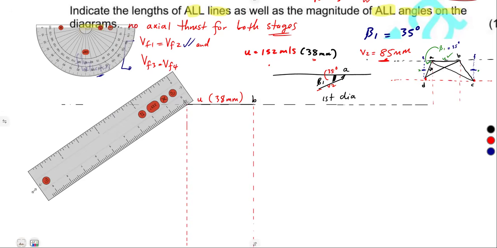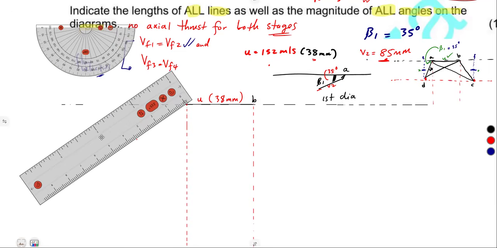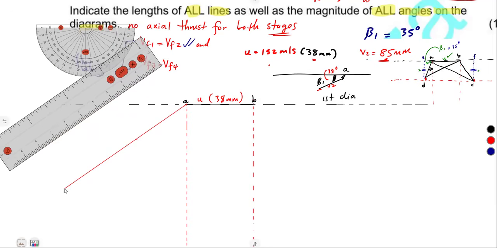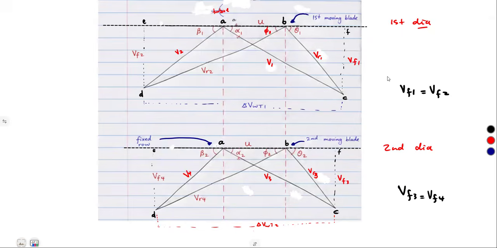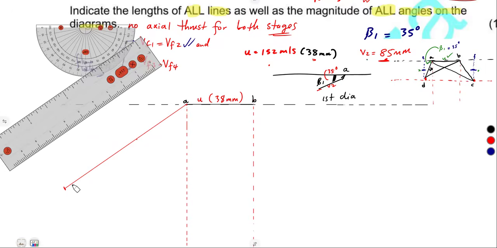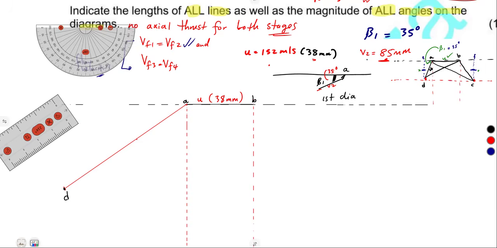So measure 85 millimeters somewhere here. That is A to D. Remember, V2 lies on AD. So the point that we have produced here is automatically point D.